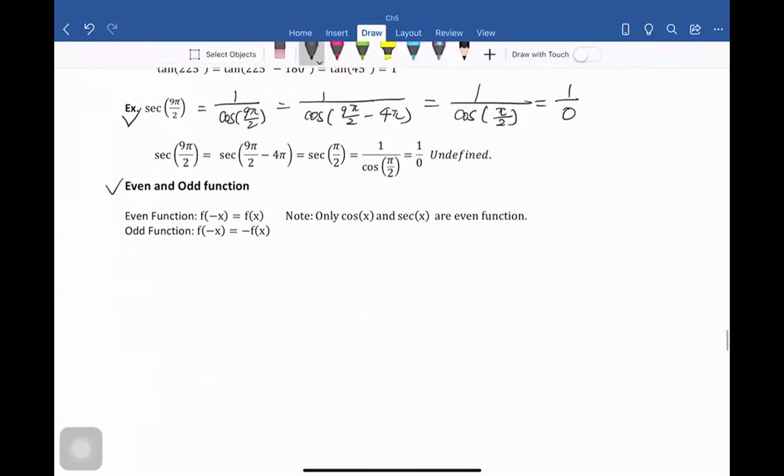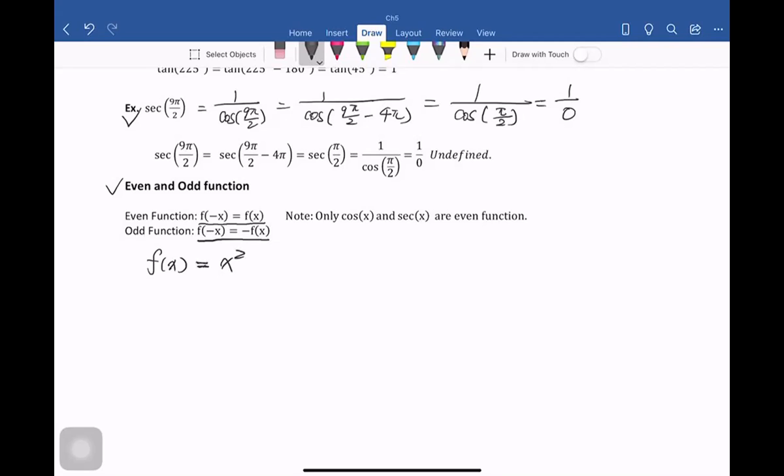Next one, even and odd functions. An even function is f of negative x equals f of x. An odd function is f of negative x equals negative f of x. Sometimes it's confusing. Just for example, f of x equals x squared. Is this function odd or even?